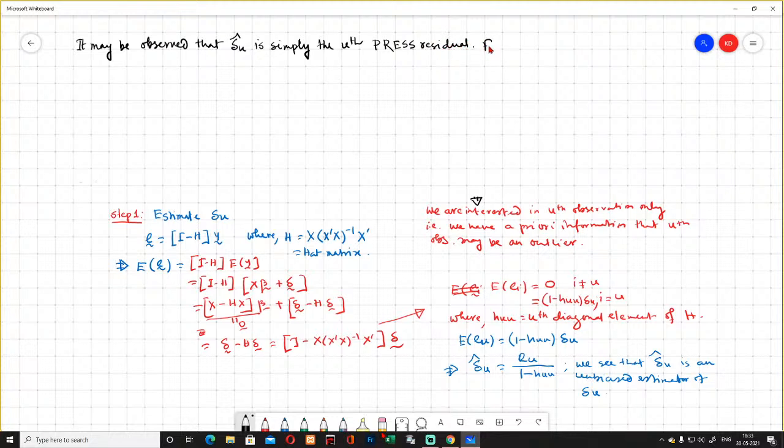And further, the dispersion of e curl, which is equal to the dispersion of I minus H times Y curl, is equal to sigma square times I minus H, because I minus H is an idempotent matrix.